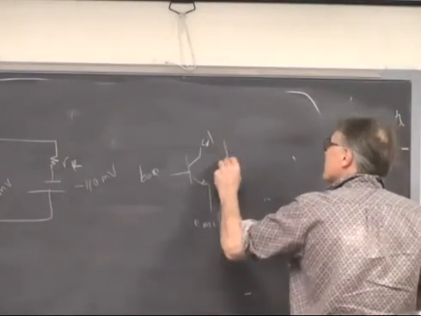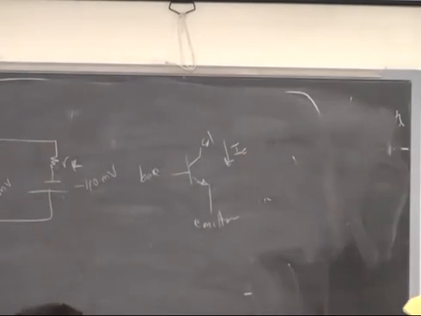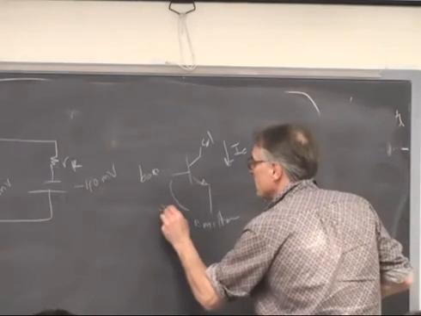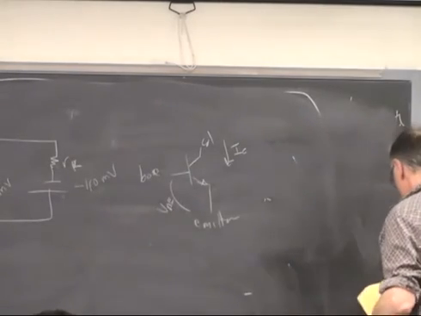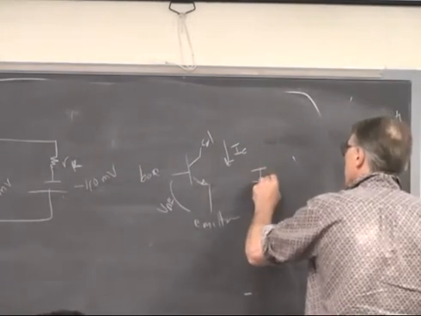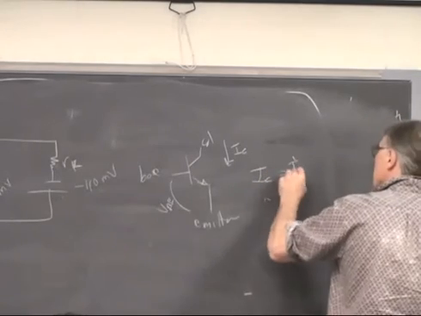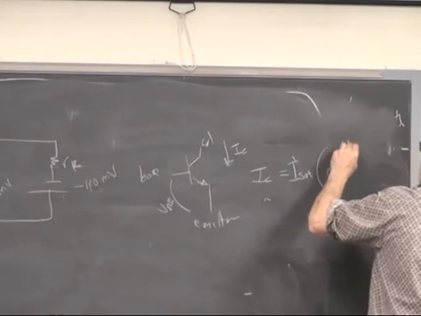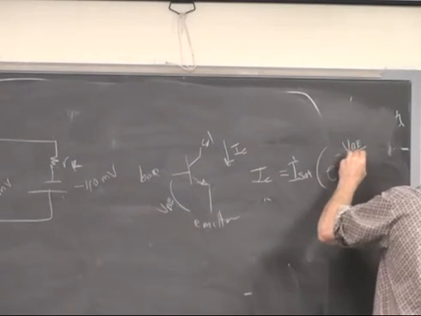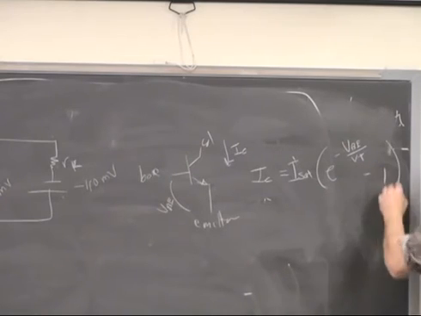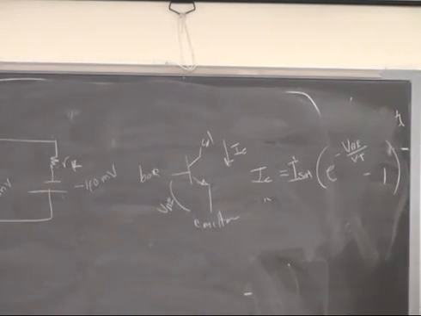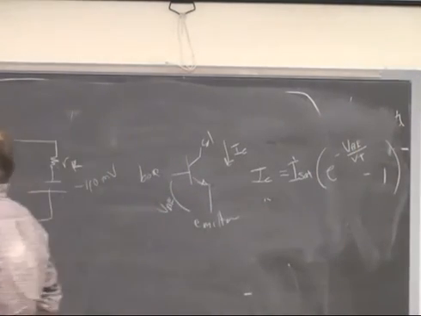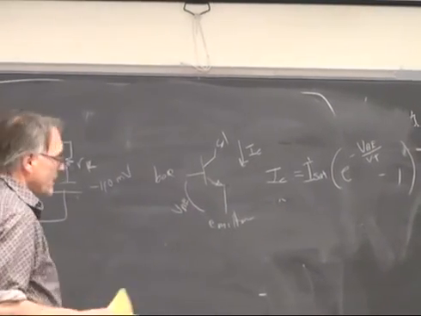If we measure some IC through here, and we call this VBE, then the current through here is proportional to some I saturation, some I sat times e to the minus VBE over VT, minus 1. Huh. Well, isn't that handy? It has the same form as the sodium channel.